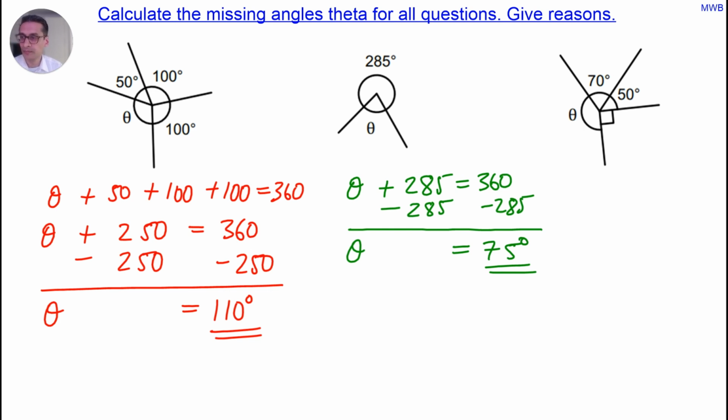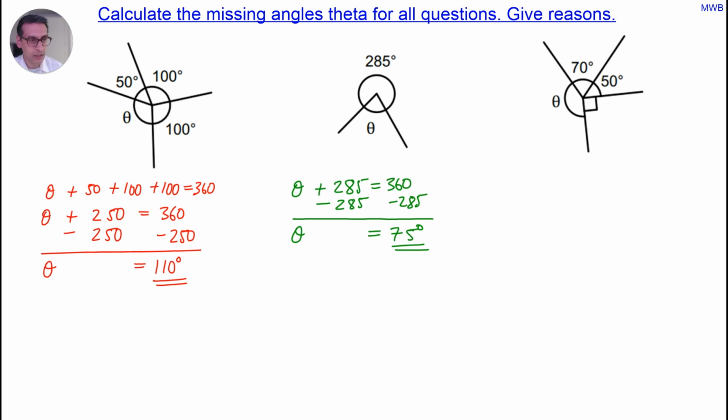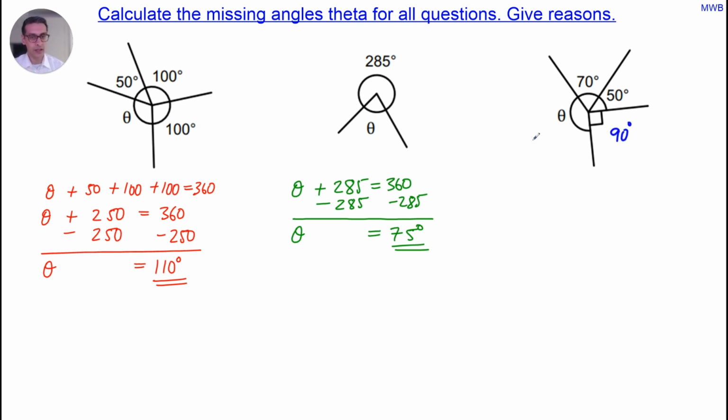Okay, the final question, we can see that there's an angle here that doesn't have a number attached to it, but that symbol is going to mean it's a 90-degree angle. And then it becomes the same as the first question. So we've got theta plus 70 plus 50 plus 90 equals 360. And then we're going to do 70 plus 50 plus 90.